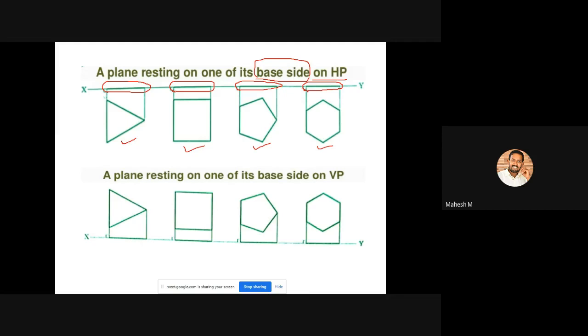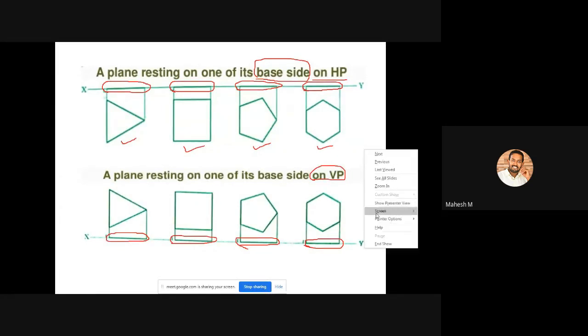Now look at the second condition, a plane resting on one of its base side on VP. So you can create the top view exactly on the reference line. Whatever the plane may be, you can create the horizontal line exactly on the reference line if you receive a command like this, a plane resting on one of its base side on VP.